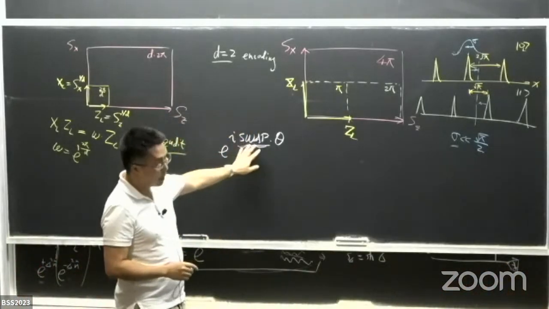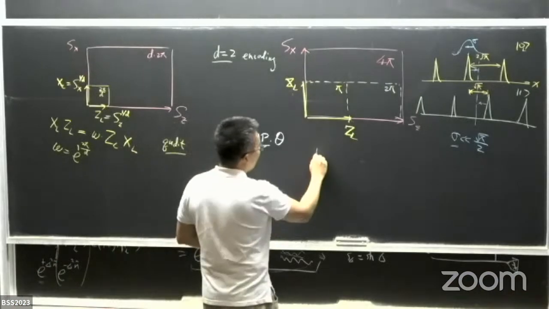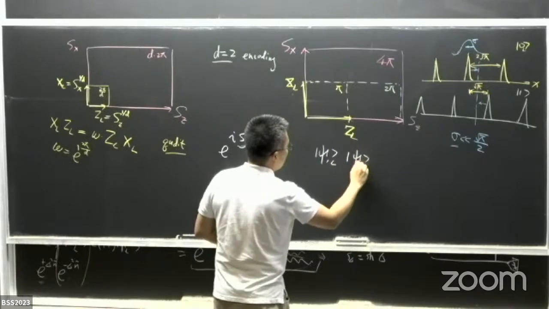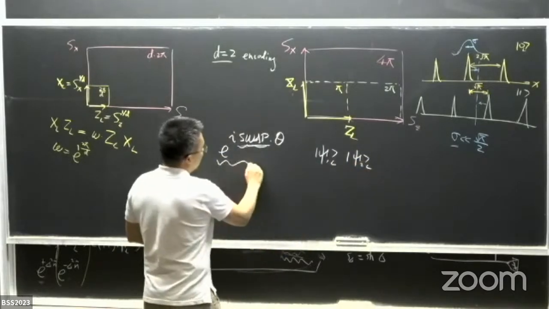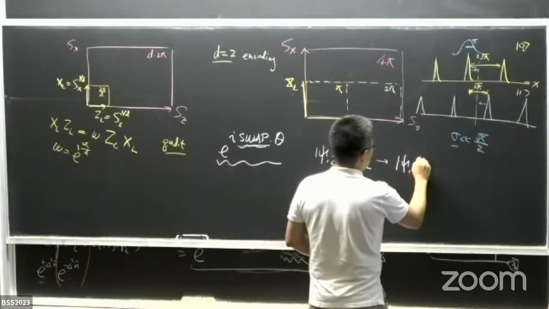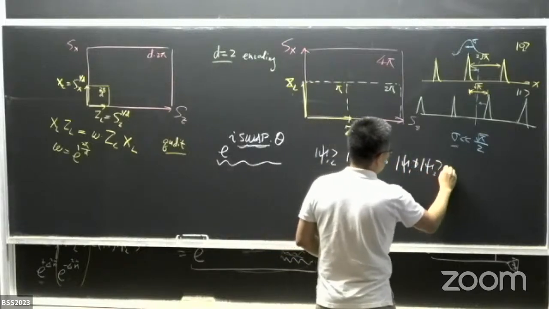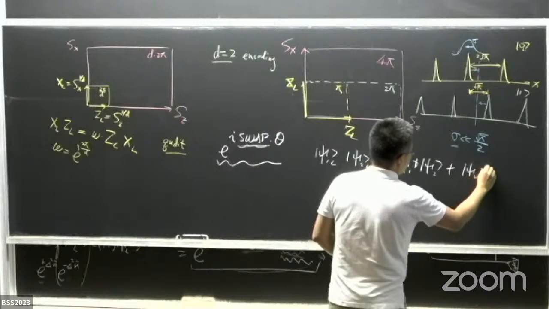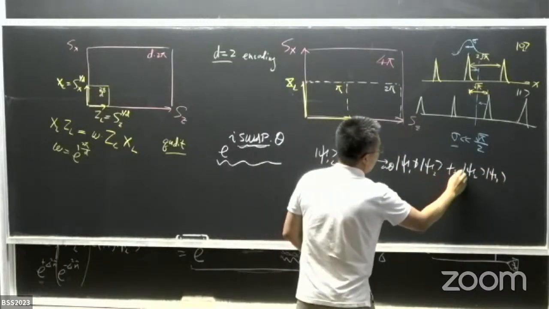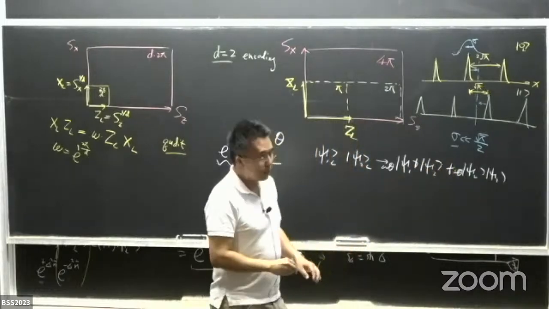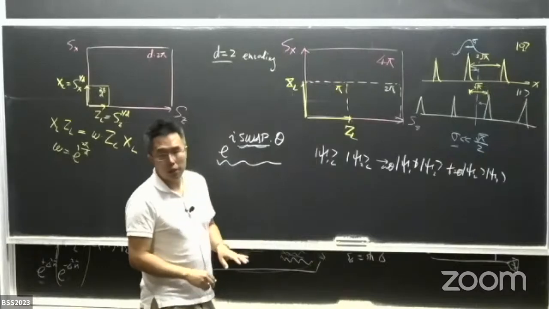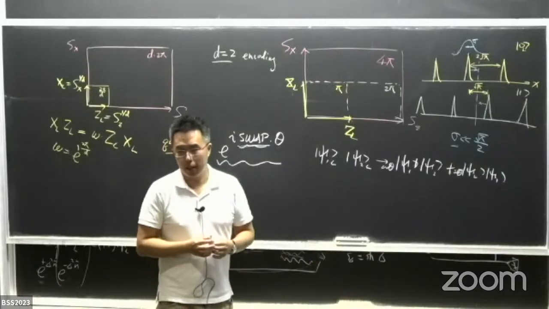Putting in whatever logical state psi 1 and logical state psi 2, the exponential swap gives a superposition of psi 1 psi 2 and psi 2 psi 1 with cosine theta and sine theta, maybe with an i. So it guarantees the state stays in the code space, and just by doing this you can show it can do universal computing as well.